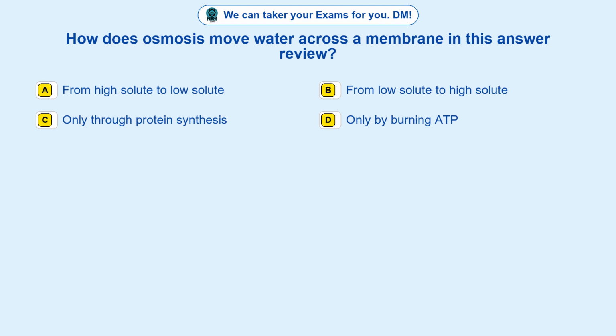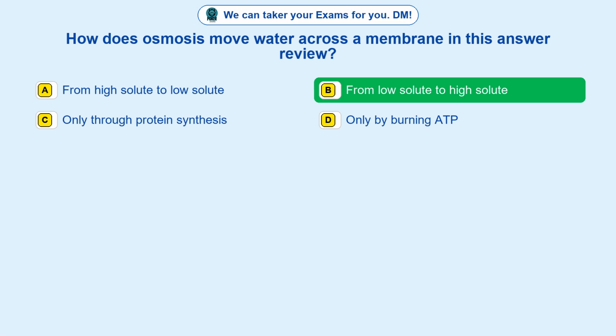Question 6. How does osmosis move water across a membrane in this answer review? Option A, from high solute to low solute. Option B, from low solute to high solute. Option C, only through protein synthesis. Option D, only by burning ATP.